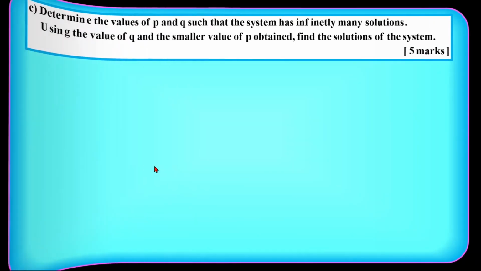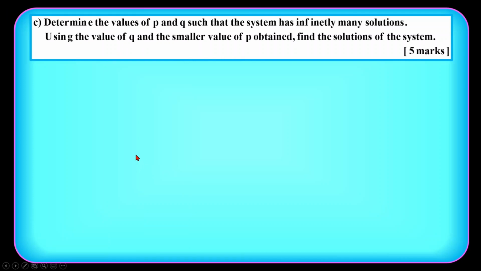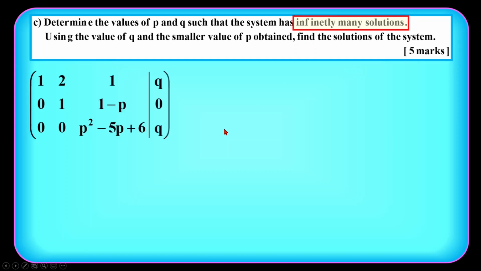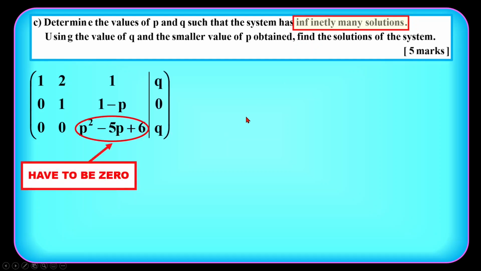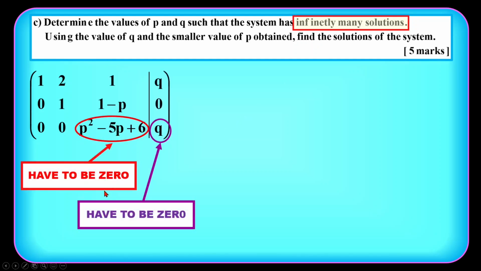Now, in part C of the question, let's see what they want. They want to determine the value of P and Q such that the system has infinitely many solutions. So for infinitely many solutions, you know both of these have to be zero.